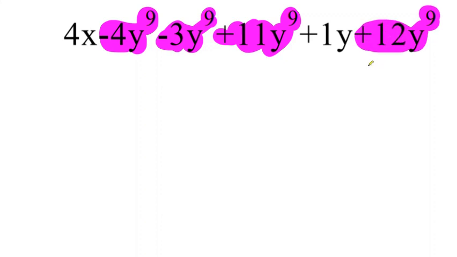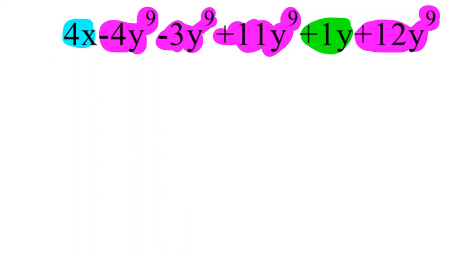These are my like terms. 4x does not have a pair. There is not another term with an x, neither does 1y.